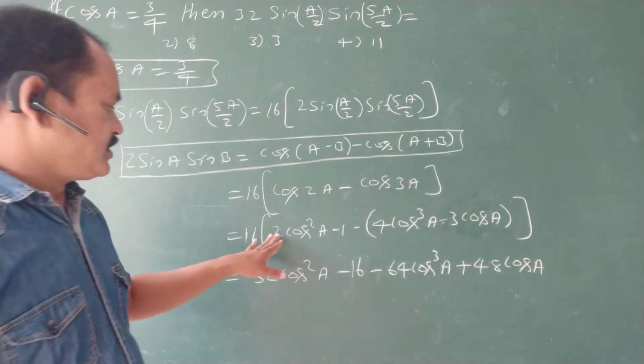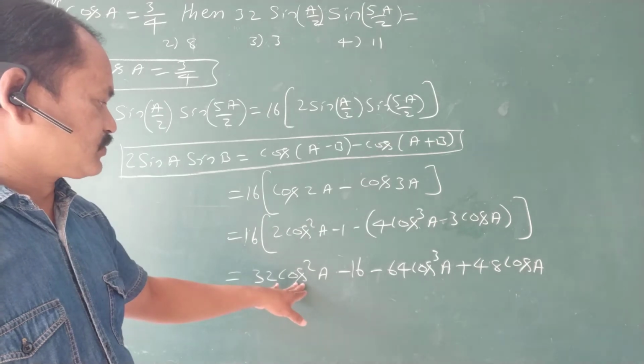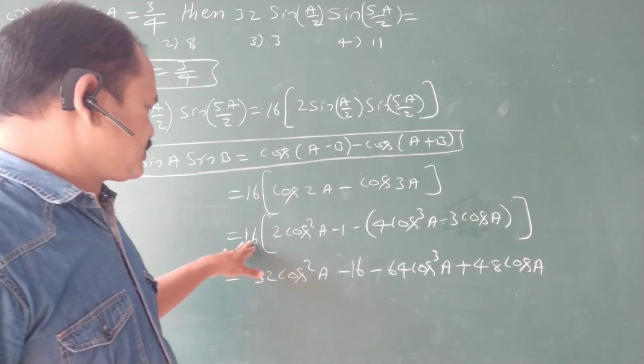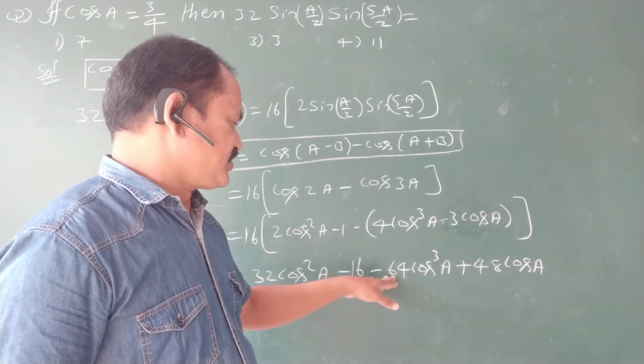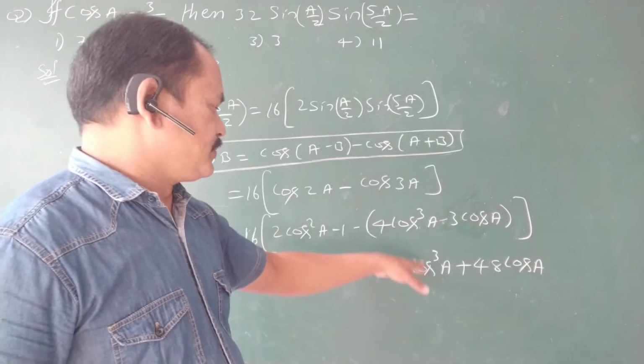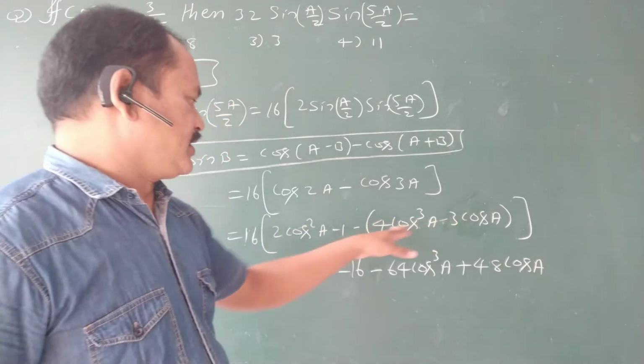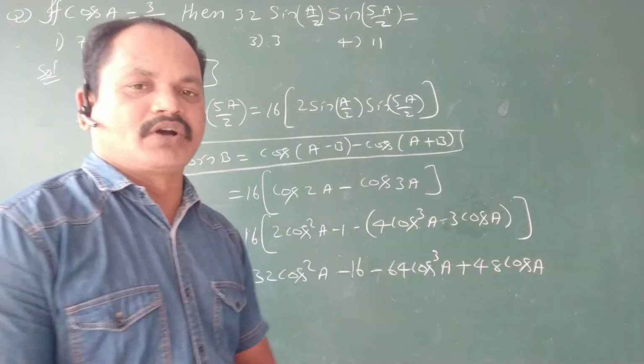Observe: 16 times 2 is 32 cos square A minus 16, minus 64 cos cube A.